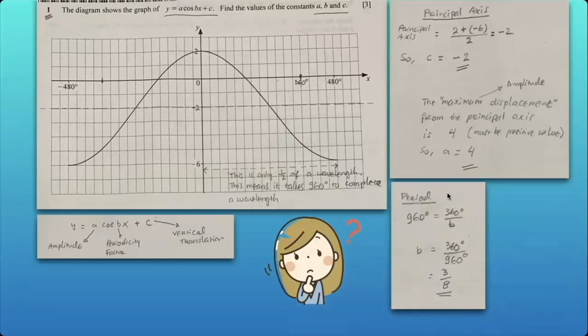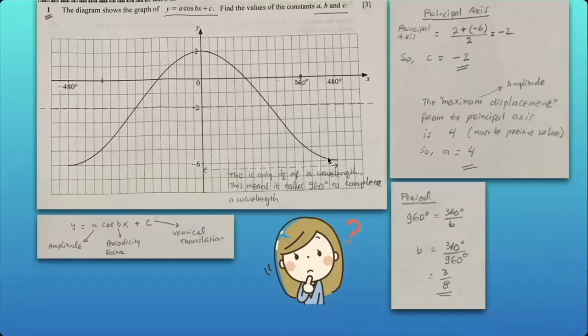Next, the period. If you look at this given curve, here we have one full length from -480 degrees to 480 degrees.